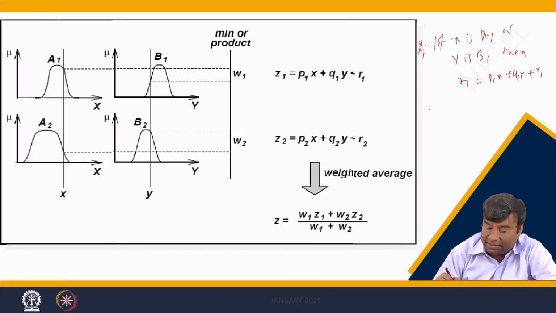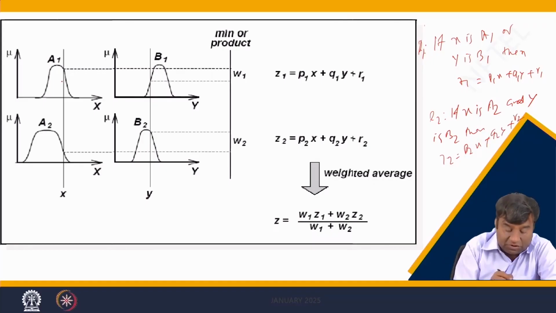Rule R2 is that if x is A2 and y is B2, then Z2 is P2x plus Q2y plus R2.